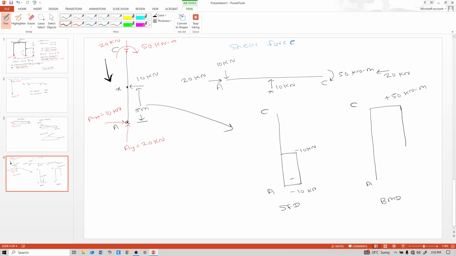Calculate at this A point, positive 50. This A point is anti-clockwise to that, so minus 10 into 5, so it is 0 here. So it is positive 50 kilonewton meter. See, we are coming from right to left.